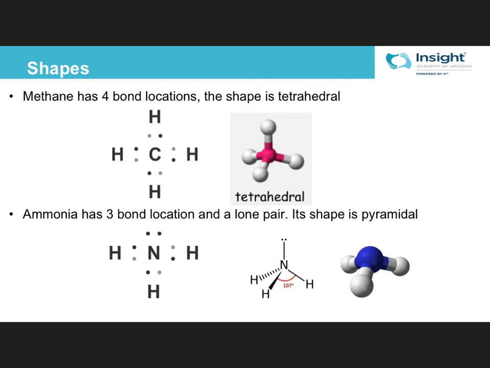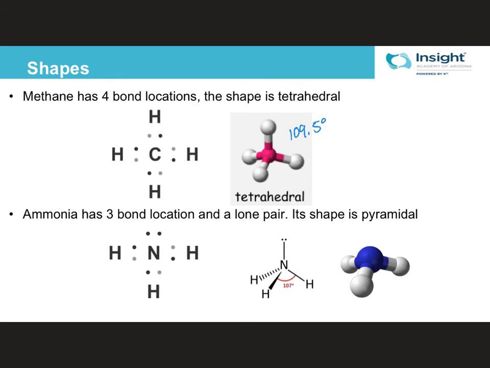When you have a molecule that has 4 bond locations and there's no lone pairs, you get this shape of being tetrahedral. These are all 109.5 degrees apart, and that's the maximum you could get all of these electron areas away from each other. So you've got one going straight up, and then it pushes down the other ones.